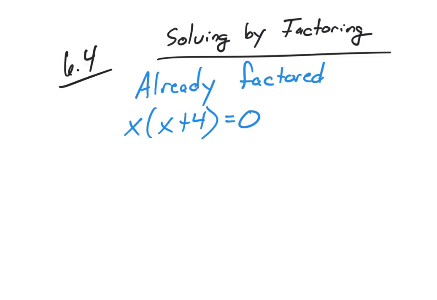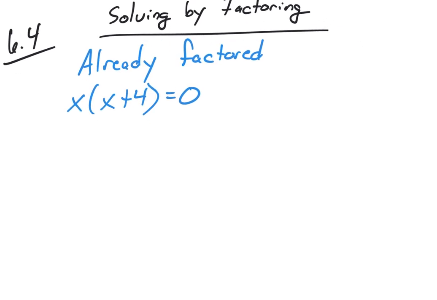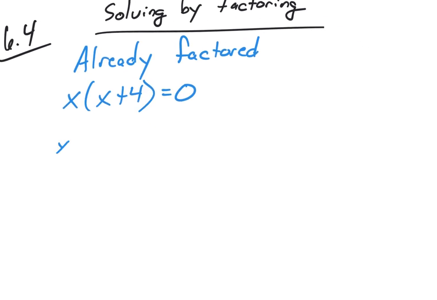Because this is already factored, all I'm going to do is take the two factors and set them both equal to 0. The GCF part here is already equal to 0, so there's nothing to solve for.